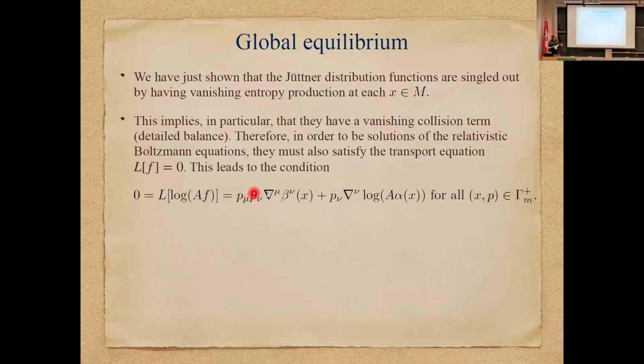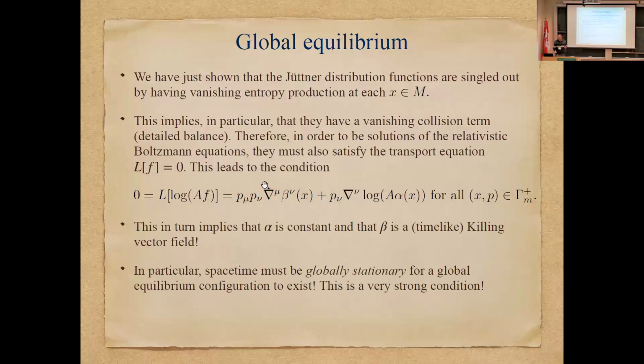This is a very strong condition, because you can show that it tells you that log alpha is constant and that the symmetric part of nabla_mu beta_nu should be zero. In other words, this is a solution only if beta is a time-like Killing vector field, and alpha is constant.